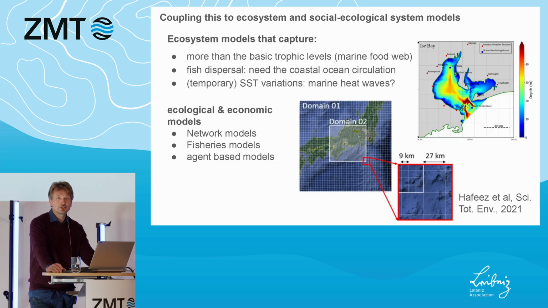Some efforts in this direction already exist, so there's competition out there. This is an initiative using WRF, and it does incorporate already trophic levels, but only actually more the basal level in the trophic. So you have different trophic levels, but this initiative focuses mainly on the basal level.